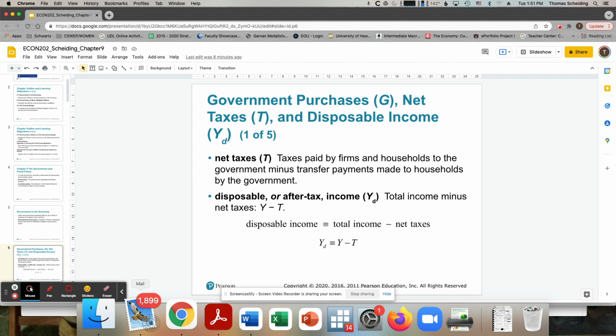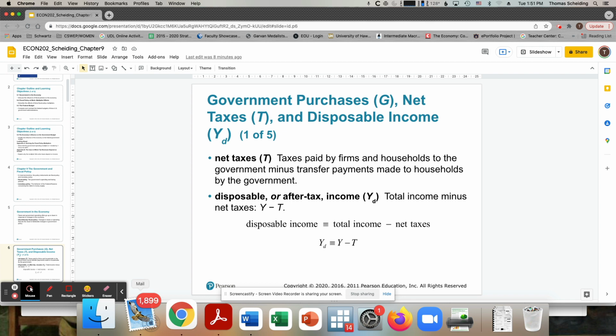And what we're looking at here is the way in which government spending and taxation affects net income or disposable income. This would be basically income you have left after taxes, which then you can presumably spend, right, on consumption.